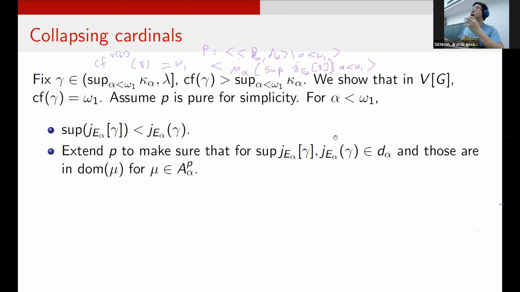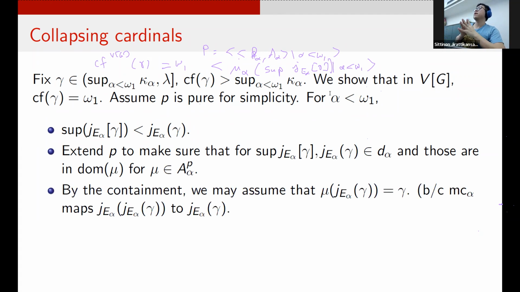And this is how it works. So you make sure that each D alpha, which is the alpha domain of P, has enough information. You have the sup of the j_E alpha pointwise image of gamma, and j_E alpha of gamma is in D alpha. Every mu has domain containing these two guys. Make sure that mu of j_E alpha of gamma is gamma.